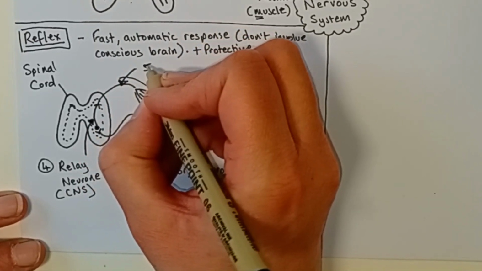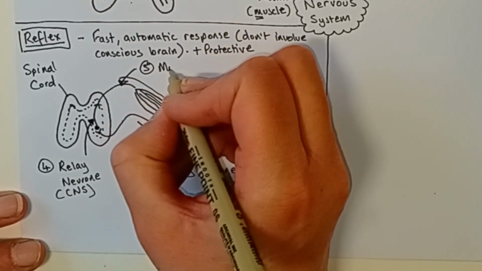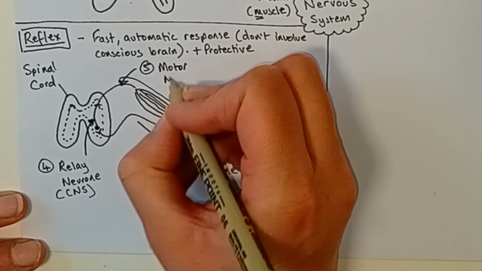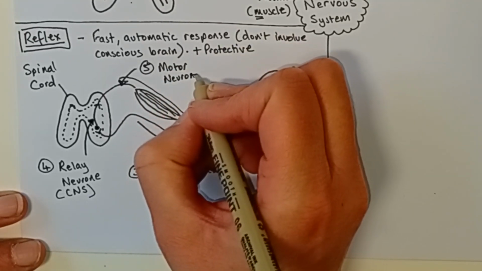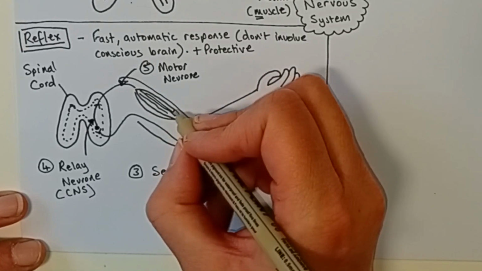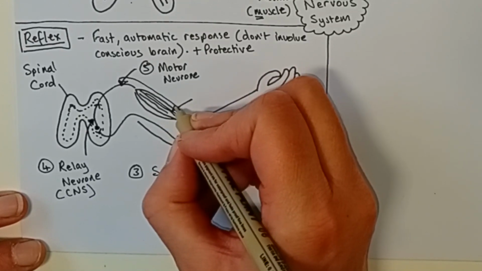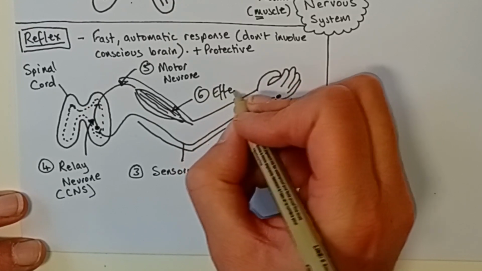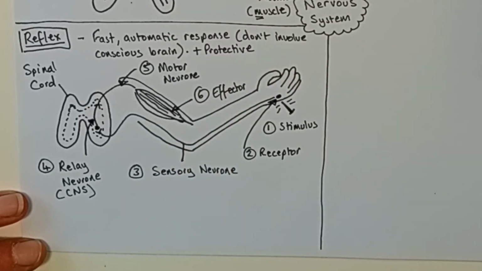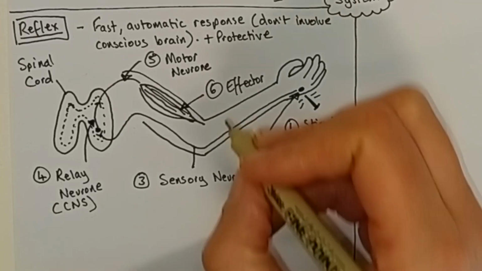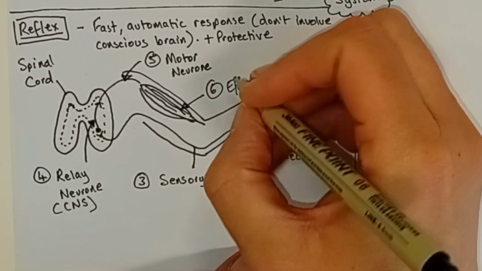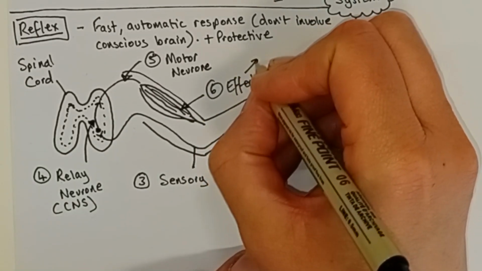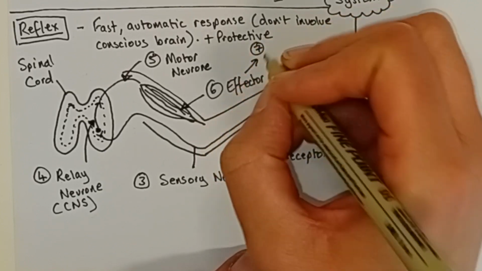So number 5 is a motor neuron. And number 6, the muscle, is an effector. So the muscle then contracts, and that contraction is the response.